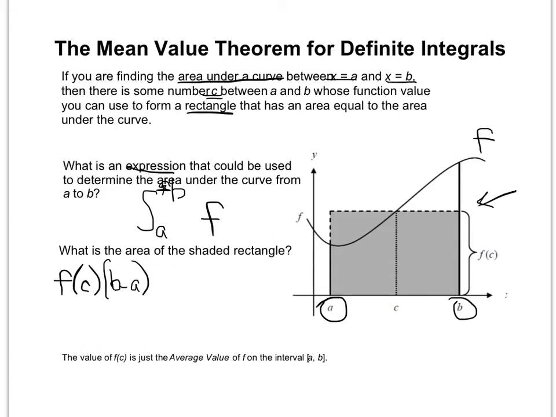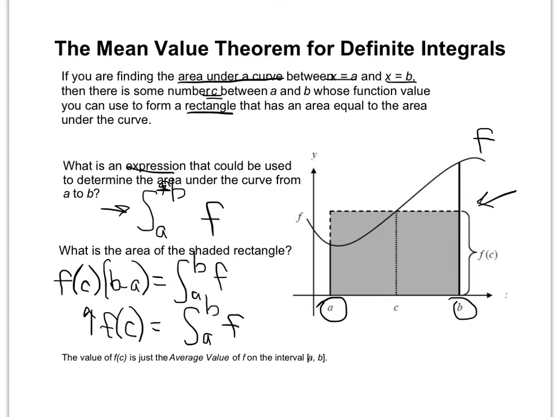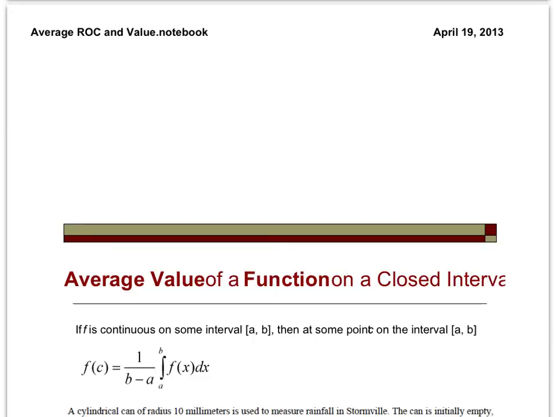So we know by the mean value theorem that this area of a rectangle has to be equivalent to the area under the curve, the integral from a to b of my function f. So we can see that this average value is coming from this: the integral from a to b of the function f all over b minus a. Okay, so the value of f of c is the average value of the function f on the interval a to b. Right there for you, something we learned a while ago.